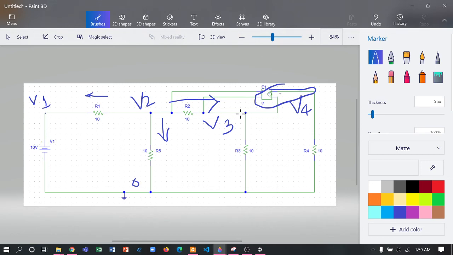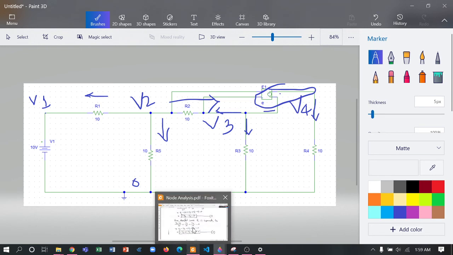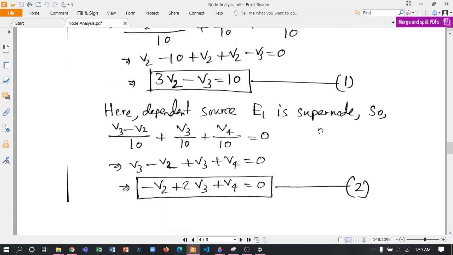For the node analysis, this current plus this current plus this current is equal to 0, because for the node analysis we have already said that. So (V3 - V2)/10 + V3/10 + V4/10 is equal to 0. So we have got another equation, the second equation.